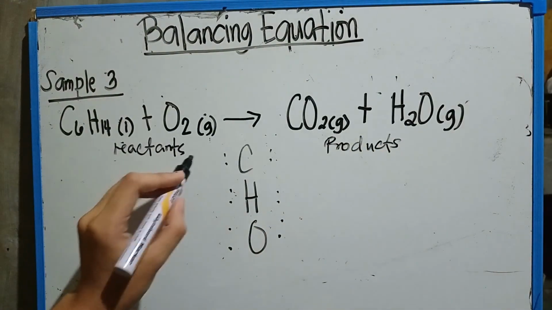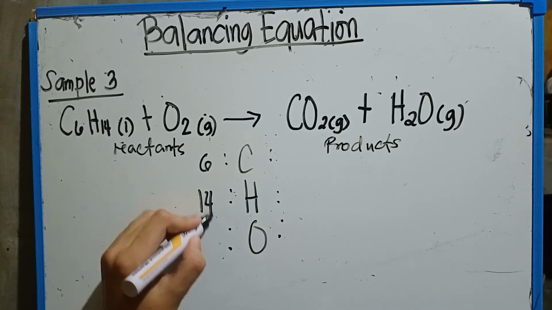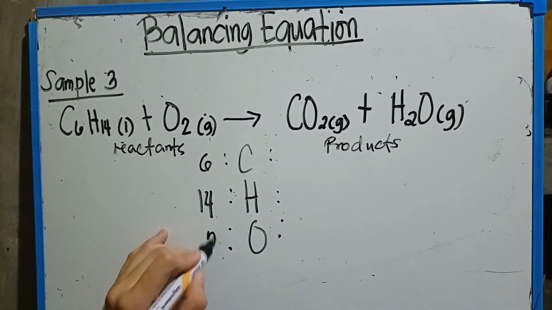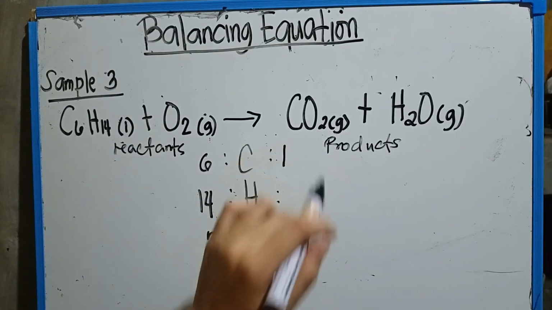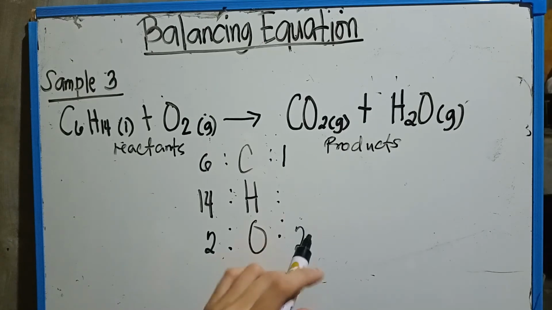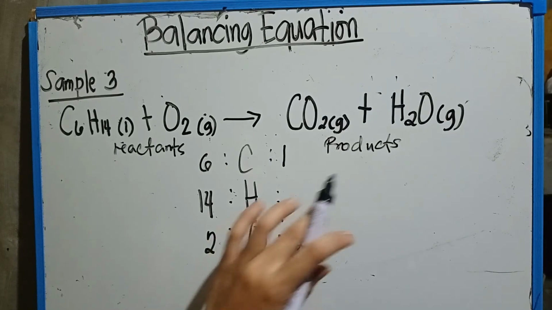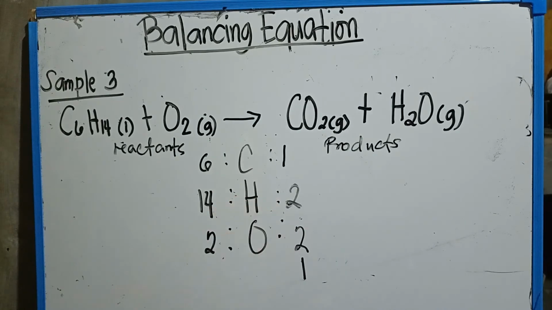So, our carbon is 6, hydrogen 14, and our oxygen is 2. Then, our product, our carbon is 1, our oxygen is 2 and 1, then our hydrogen is 2. So, as you can see, the reactants and product are very far.